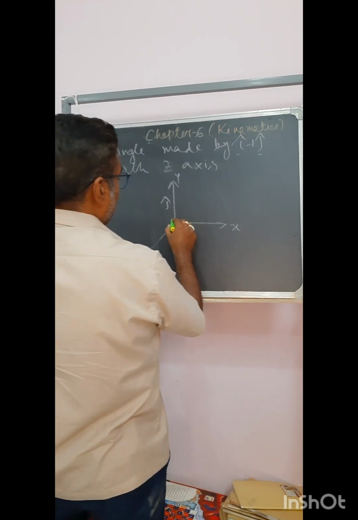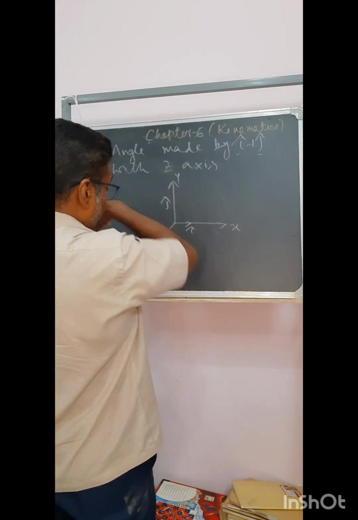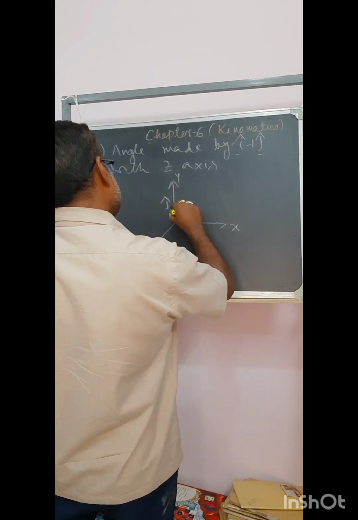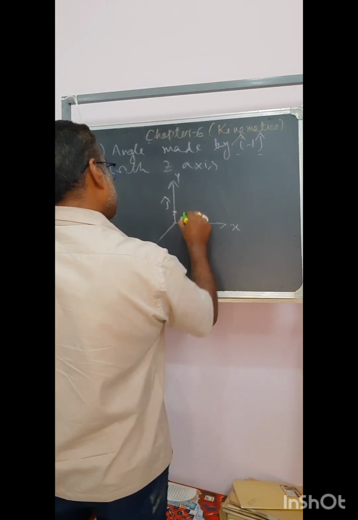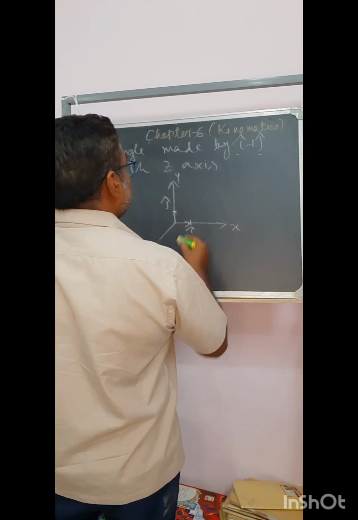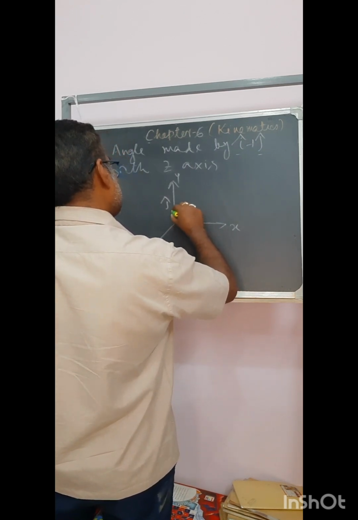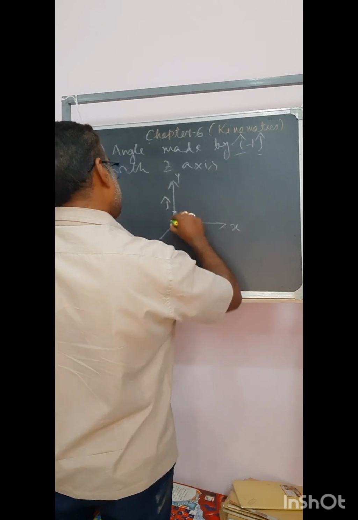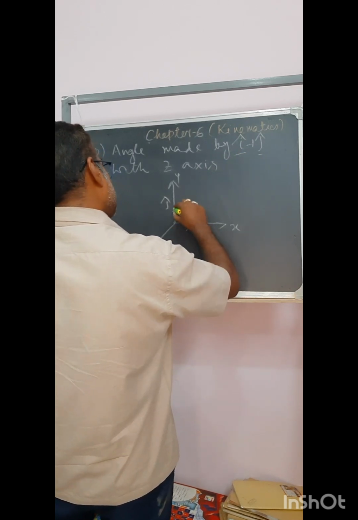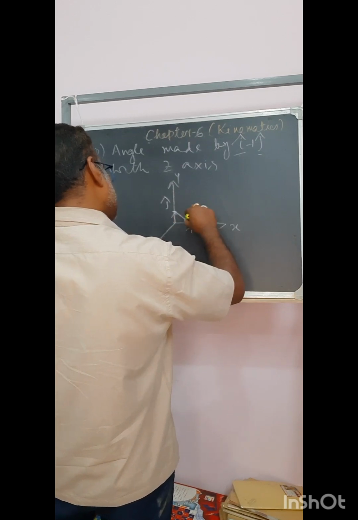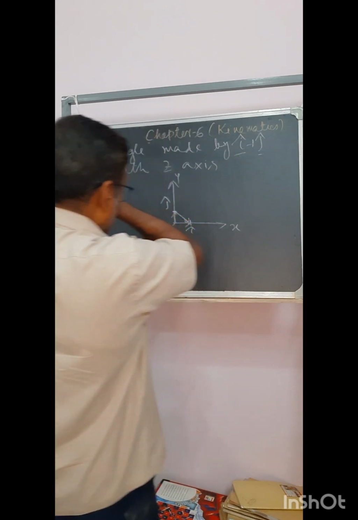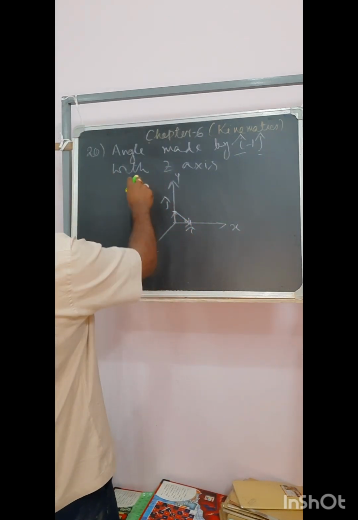Now if I add i plus j, what would I get? This is a unit vector this much, this is a unit vector this much. So if I add i plus j, this is the position vector i, this is the position vector j. Now what is the direction of i plus j with the x axis?